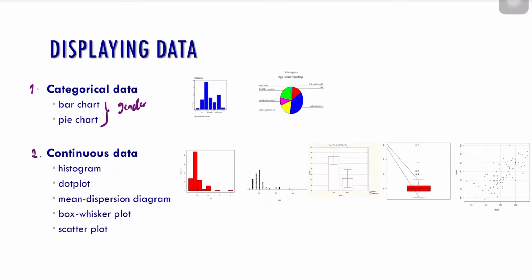But in the continuous, because we have indefinite values, we can have just a range between the minimum and maximum. We can have a histogram, or we can have the dot plot, or we can have the mean dispersion diagram, or we can have a box-whisker plot, and we have a scatter plot, and all of this shows continuous data, which is very important, for example the age or height or weight or all of this information.